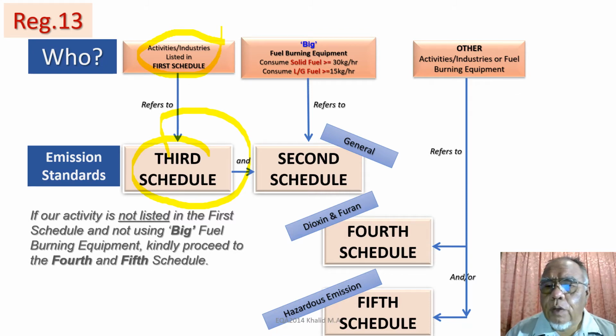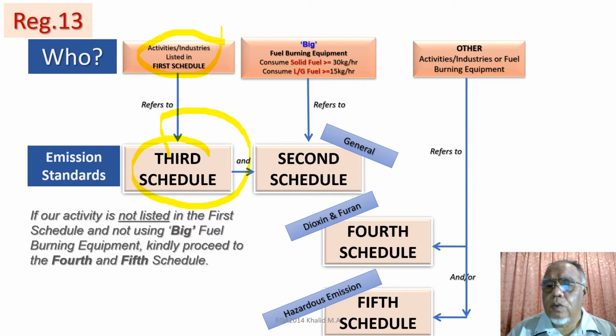So when you find them already listed in the first schedule, their air impurities emission standard shall be that of the third schedule. Don't bother to look at the fourth schedule and the fifth schedule.